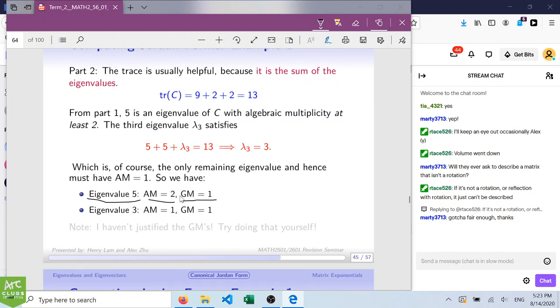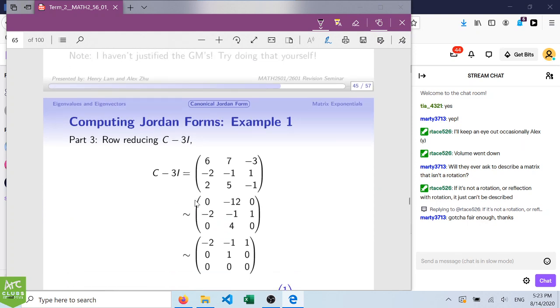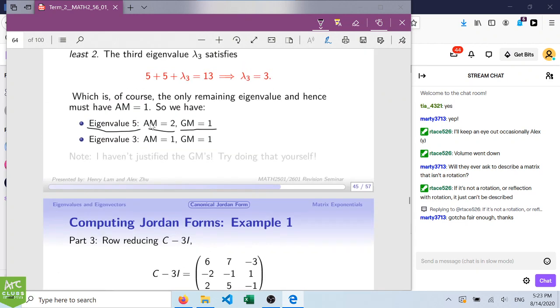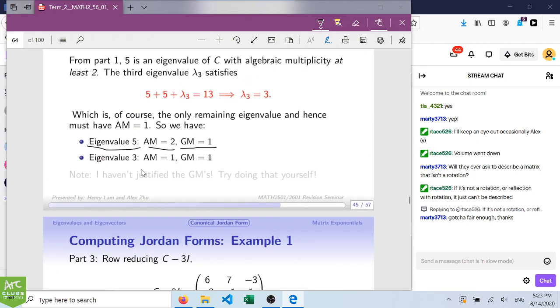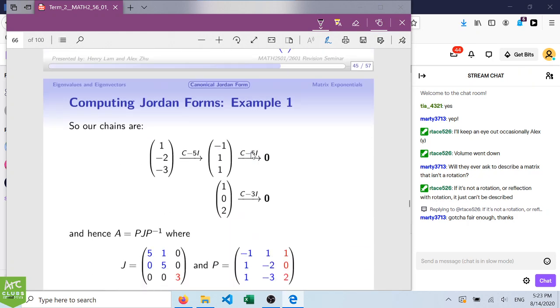So GM equals 1 for the first part, and then obviously the remaining one, if the algebraic multiplicity is 1, the geometric multiplicity has to equal 1 because it's less than or equal to the AM. All right, and then finally we just need to take the row reduction across the smaller eigenvalue, and you'll end up with the third eigenvector.